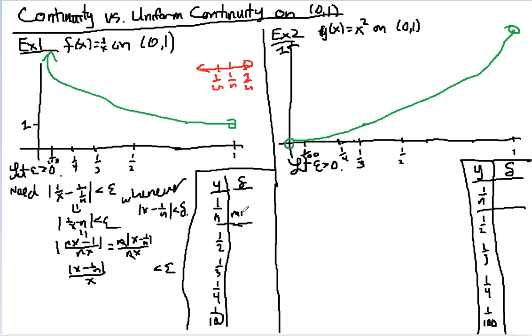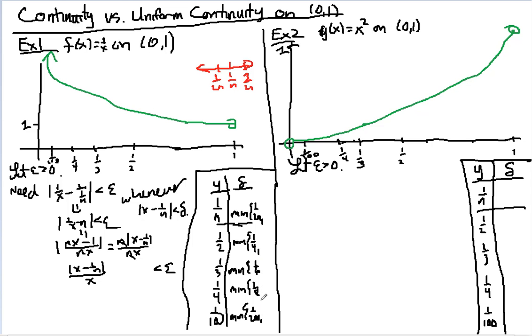I have to look at the minimum, and the minimum is 1 over 2n and something else. Here n is equal to 2, so I get a minimum of 1/4 and something else to be determined, then 1/6, 1/8, and 1 over 200.